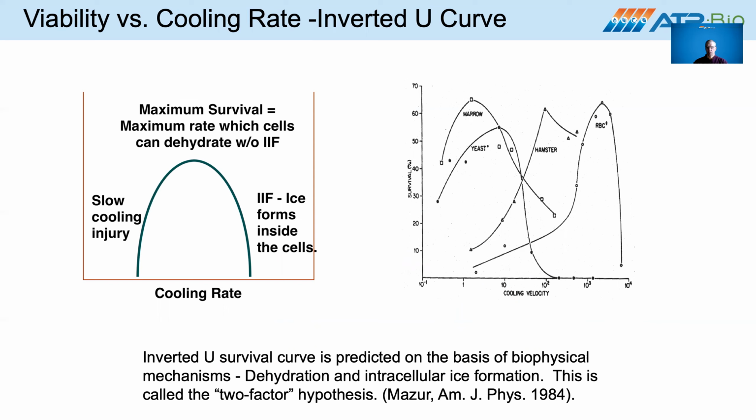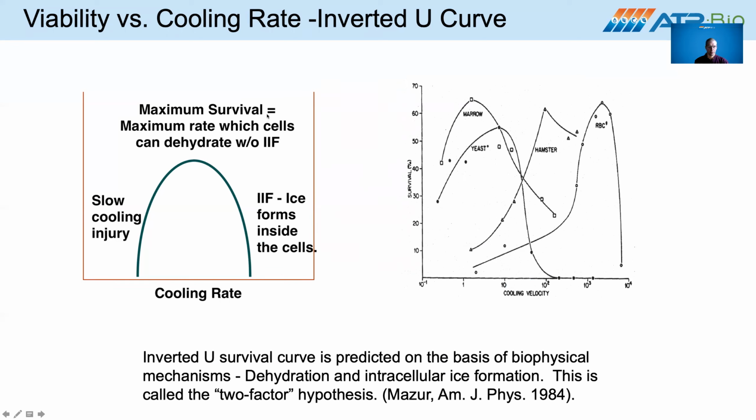That relates to the size and the permeability of the cells and a variety of things we're going to get into shortly. This is what we're interested in as cryobiologists: what is that sweet spot? What's the best rate to cool down the cell of interest so that we can preserve it?